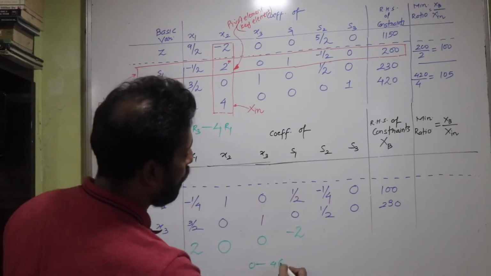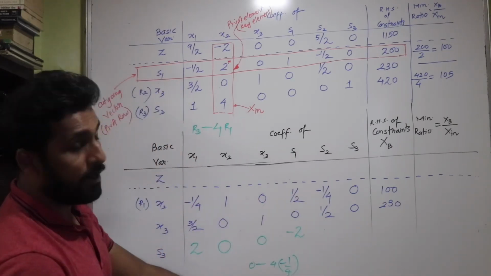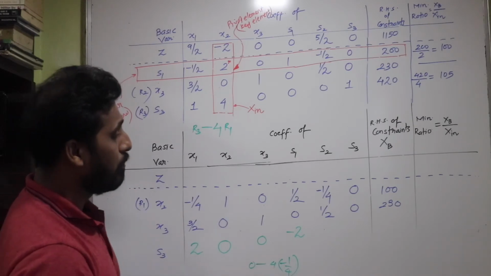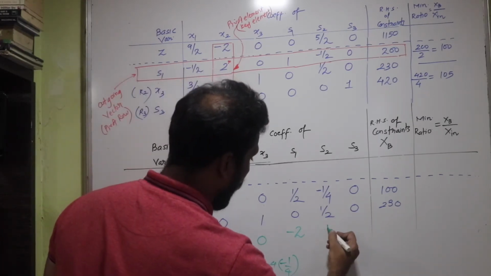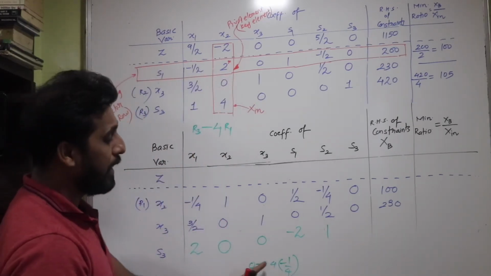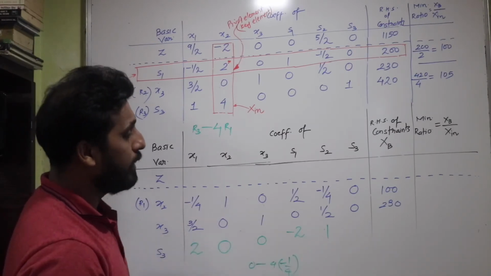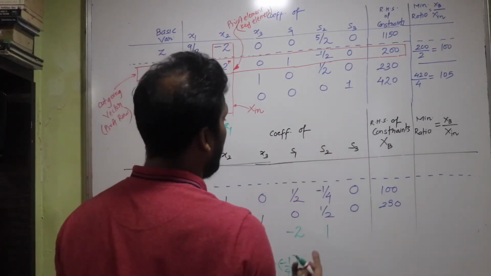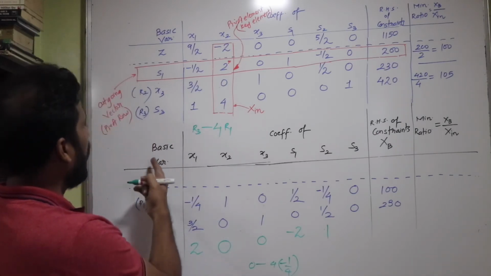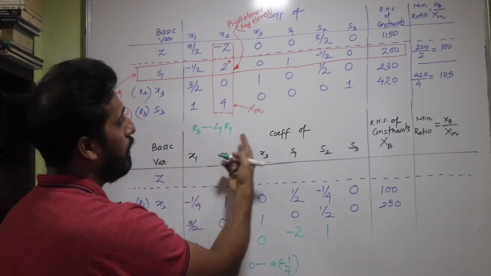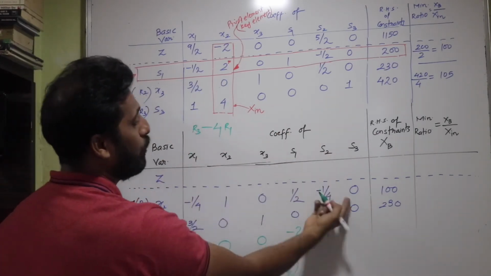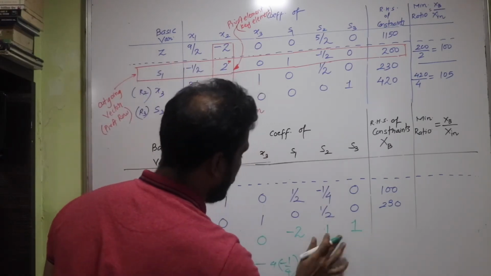It's minus 1 by 4, so 4 and 4 cancels, minus minus becomes plus, so you get 1 here, isn't it? And the last value it is 1 here, you are doing R3 minus 4 R1, so that's 1 minus 4 into 0, it still stays 1.